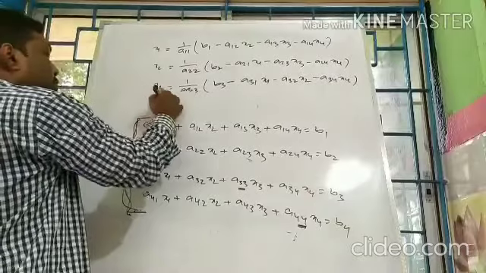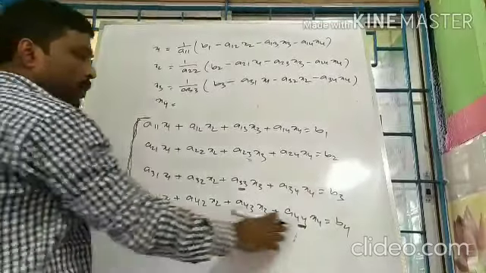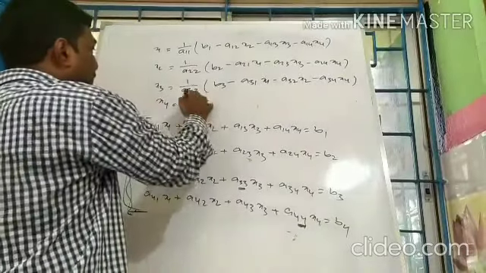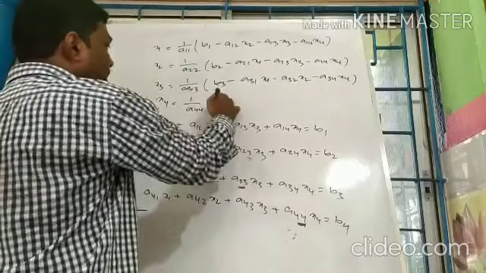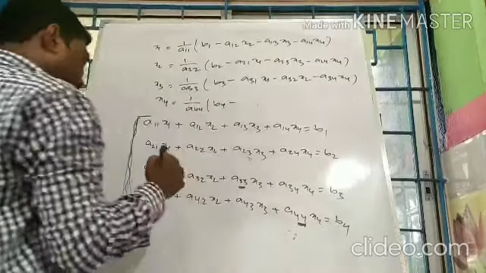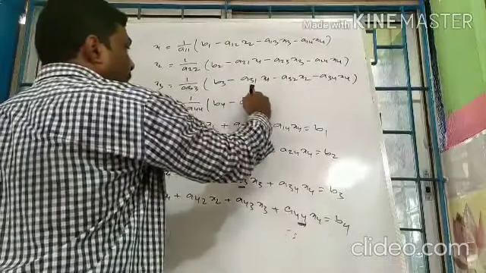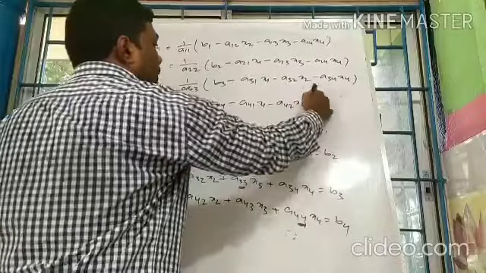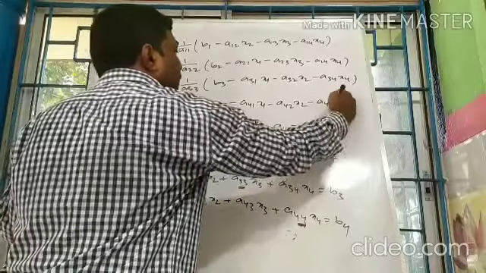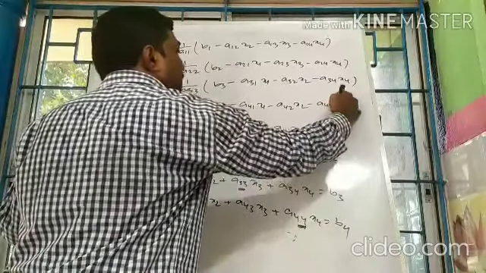Next calculate x4 from the fourth equation. So x4 is what? 1 by a44 b4 minus a41 x1 minus a42 x2 minus a43 x3.